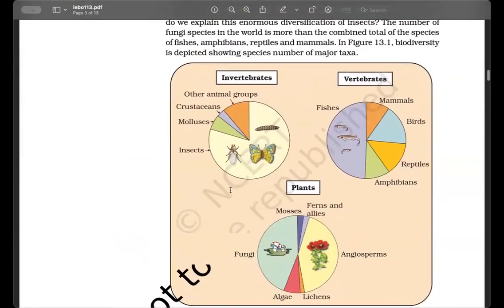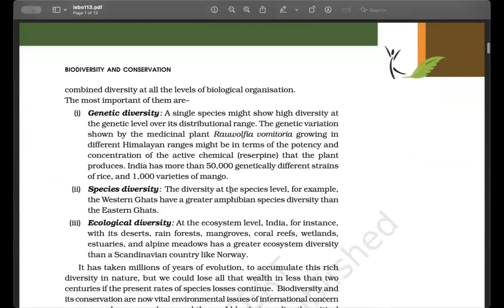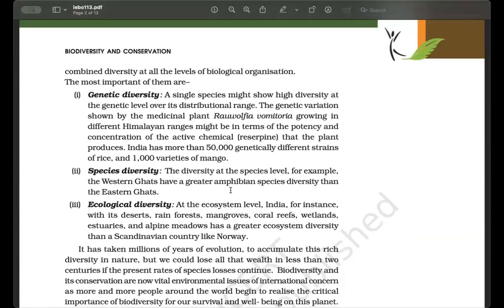Okay, so in the last class, we talked about diversity and what biodiversity actually means, and at what different levels this diversity is incorporated in the biological world. This is one major part from where questions come.